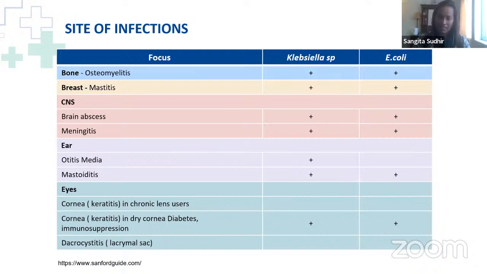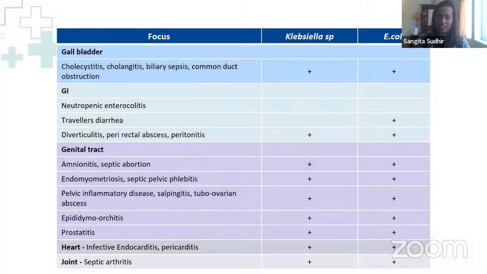Basically, it is seen in osteomyelitis, mastitis, brain abscess, meningitis, otitis media, even in the eyes, corneal keratitis, then gallbladder infections, and in GI infections, traveler's diarrhea is usually caused by E. coli.